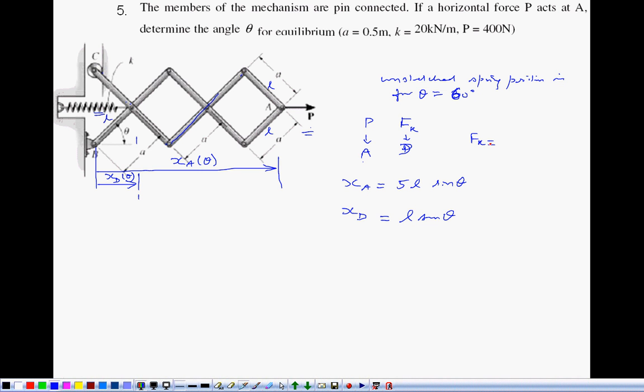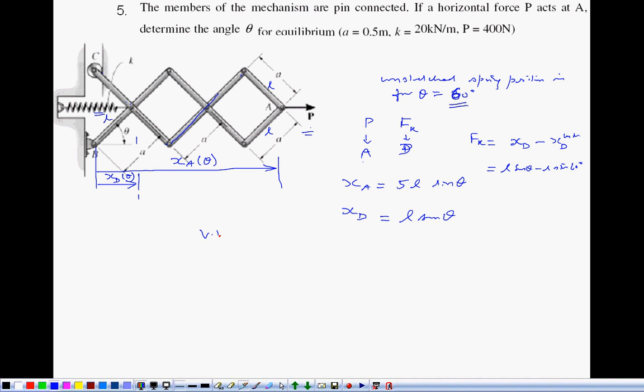Fk equals, since it is deflected by this, the initial position was such that it was xt minus xt unstretched. This unstretched can be found out with respect to this. So in this particular case, it is equal to L sin theta minus L sin 60 degrees. Okay, using this it is possible to find out Fk.